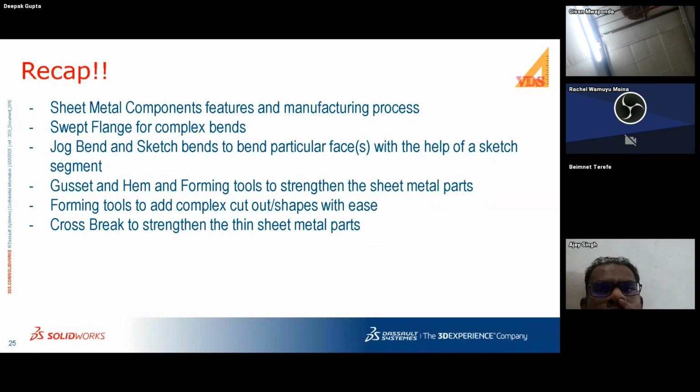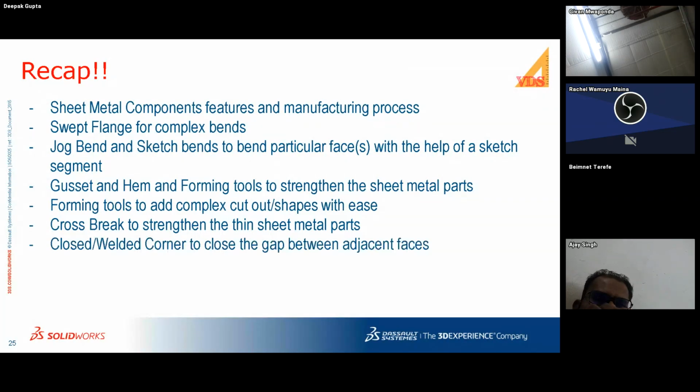For thin sheet metal parts, we have the option to use cross breaks, and we do not need any workarounds or additional notes to be added into the drawing. Just add this feature to your model, and SolidWorks drawings will automatically add a bend line there with the desired bending note. And the shop people, looking at the drawing, will understand, okay, this particular part needs a cross break, at this particular face with these details or values.